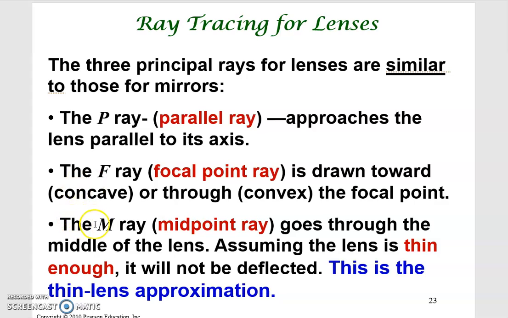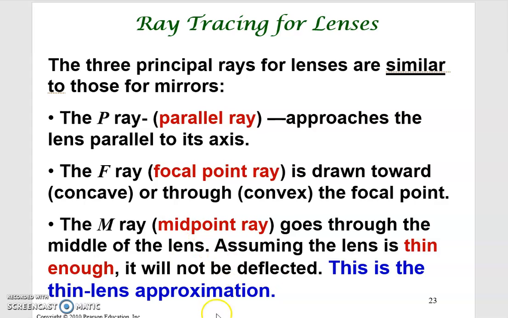Then finally, the M ray. This is a new one for the lens. It is the middle point ray. It is the ray that goes through the middle of the lens. In that case, it will not be deflected. Do you remember I mentioned that when light is passing in the same direction as the normal line, it will not be refracted?